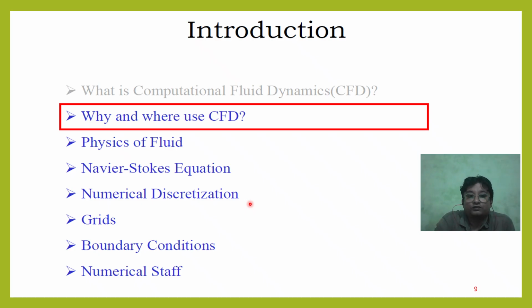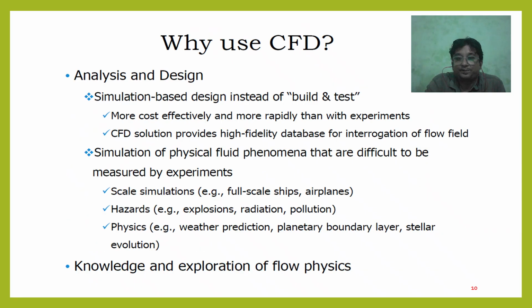Next we will move into why and where we use CFD. Why do we use CFD? The first point says simulation based results instead of build and test. Obviously, instead of spending a large sum of money, we can go for computer based methods, work more cost effectively, and more rapidly than with experiments.